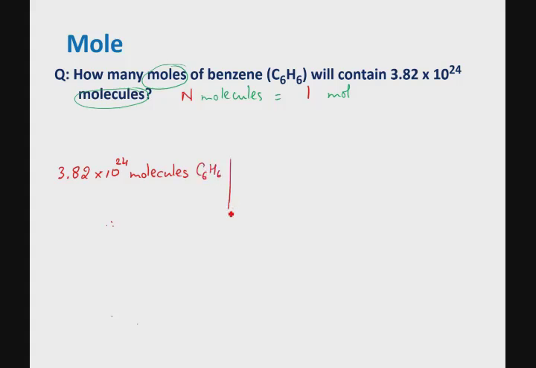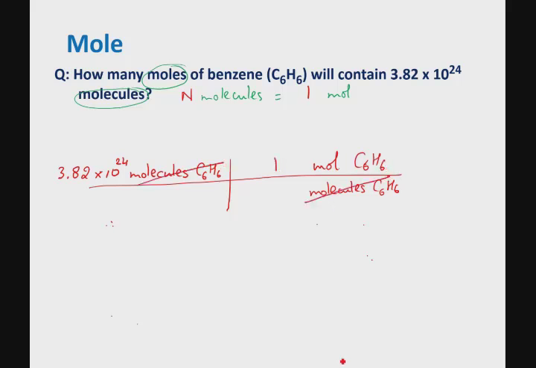C6H6 needs to be converted to moles of C6H6, so molecules crosses out. 1 mole of every substance contains 6.022 times 10 raised to 23, in this case molecules.